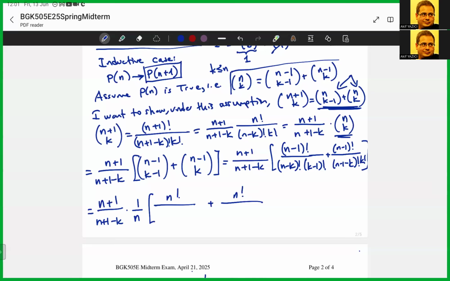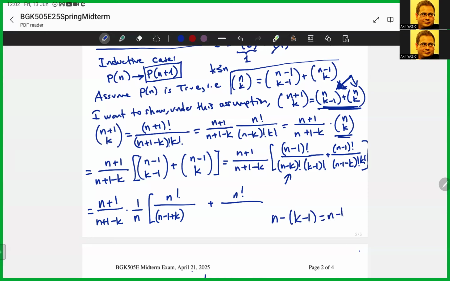And then in the denominator, what do I need? For the first one, this, I want n minus k plus 1. Instead, what do I have? I have n minus k. So here, if I want n minus 1 plus k, is that what I want? No, I want n minus k minus 1.